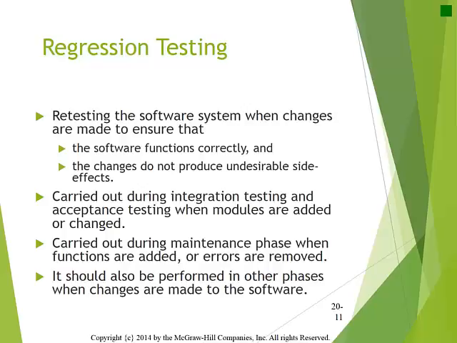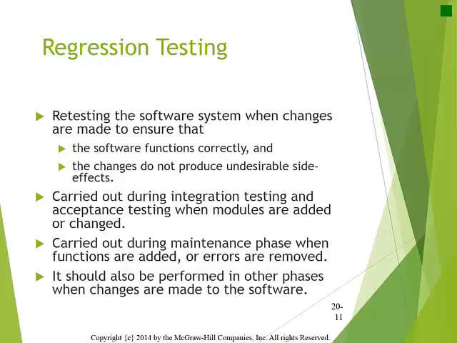Regression testing involves retesting the software system when changes are made to ensure that the software functions correctly and that changes do not produce undesirable side effects. Regression testing is carried out during integration testing and acceptance testing when modules have been added or changed.